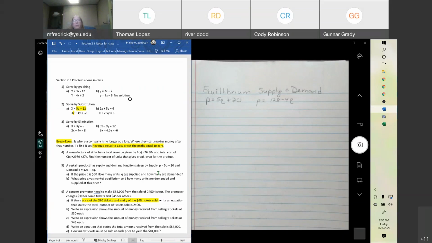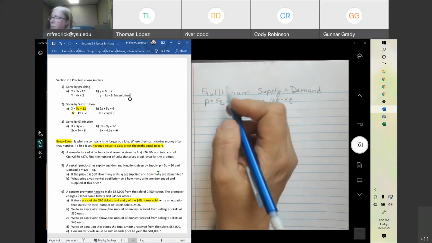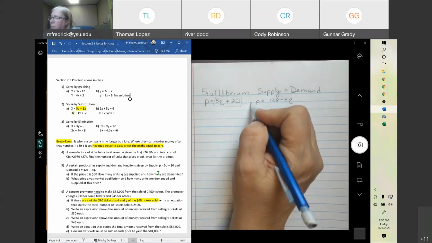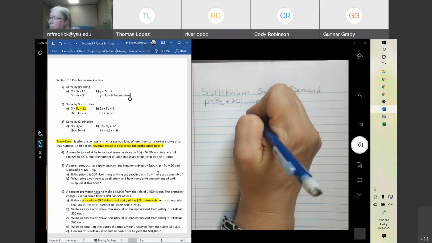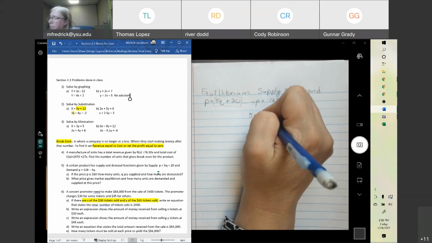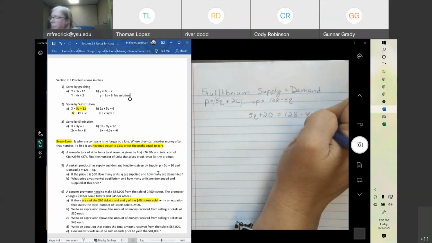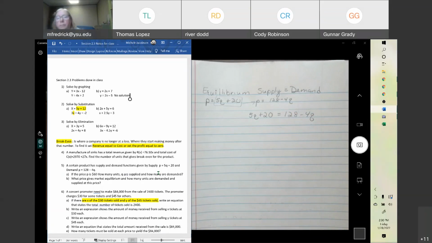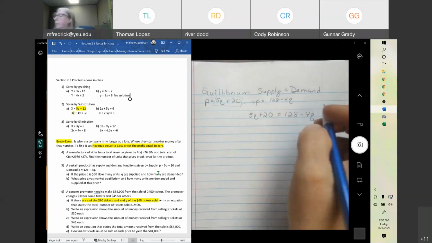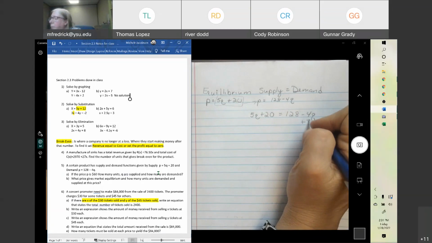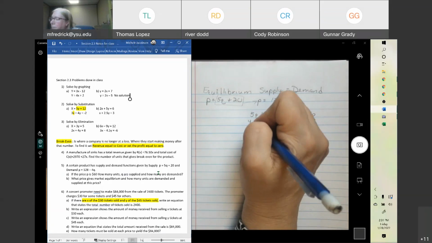There's two ways we can do it. We can use elimination or we can use substitution. Notice it's already solved for a variable, so we could just substitute this in for P. Add the 4Q to the other side.